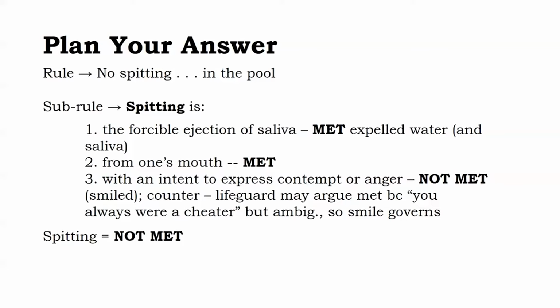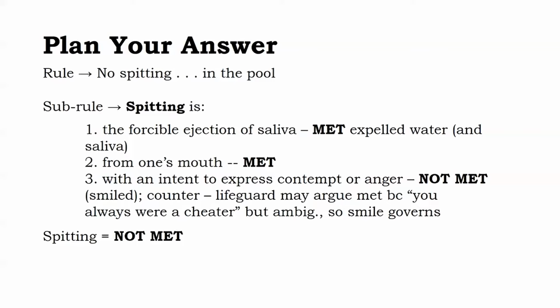Well, on balance, it seems gray, but we'd probably find that it was not met because she smiled, right? But a counterargument may be that she said, "You always were a cheater," which could be construed as expressing contempt or anger, but probably the smile governs. So we're going to find that it was not met.